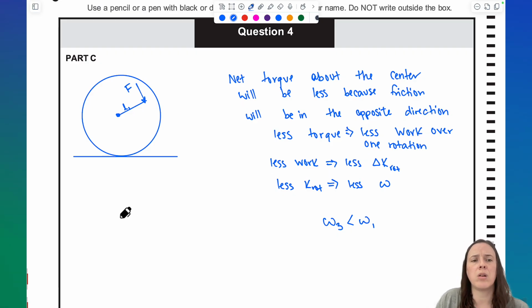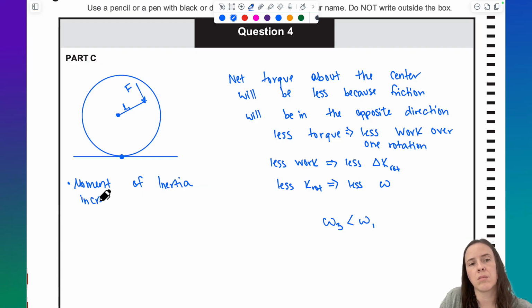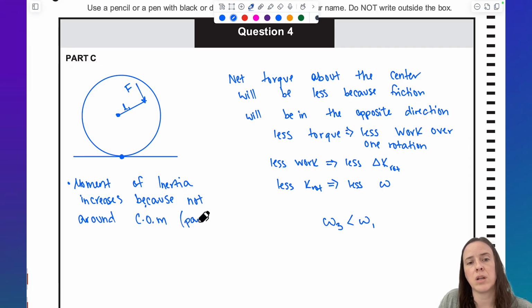You could also try to make the argument in terms of now your rotation point is the ground. So at the ground, friction will not do any work, any torque, because it's being applied at the rotation point. So you could also make the case that the moment of inertia increases because you're not rotating around the center of mass anymore, and that's from the whole parallel axis theorem.